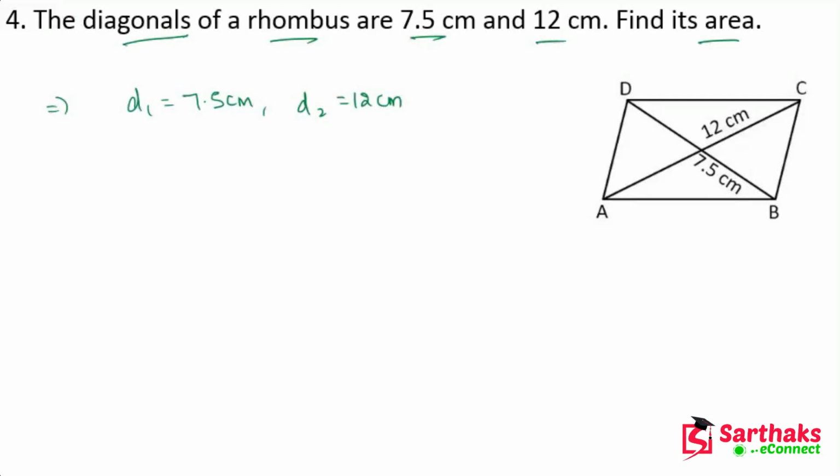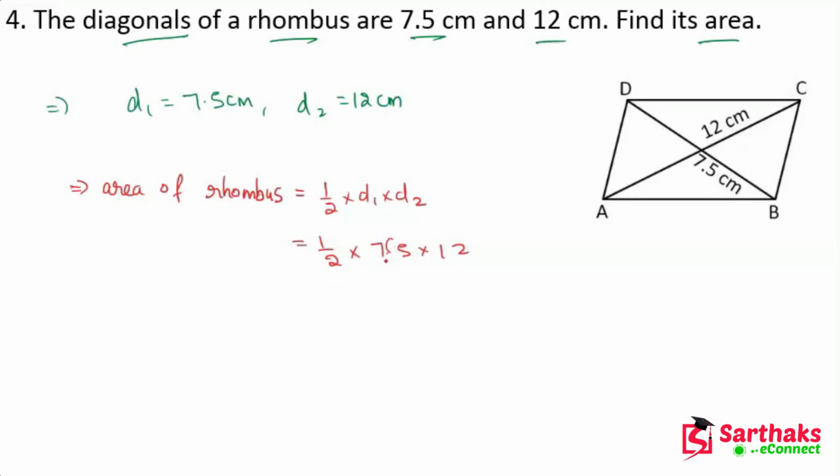The area of the rhombus is equal to half into d1 into d2. So half into 7.5 into 12.